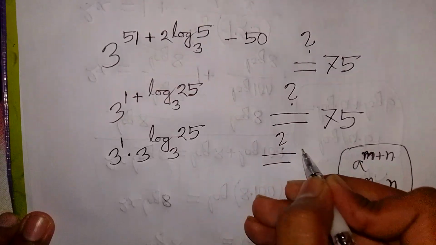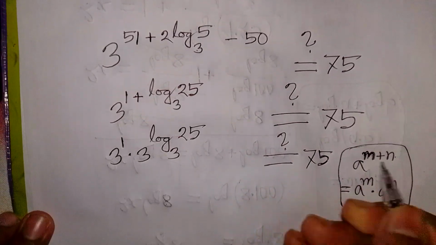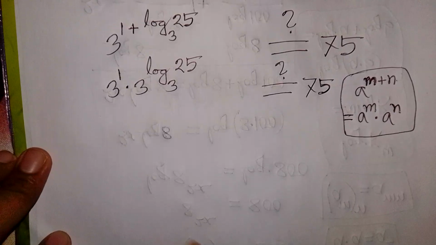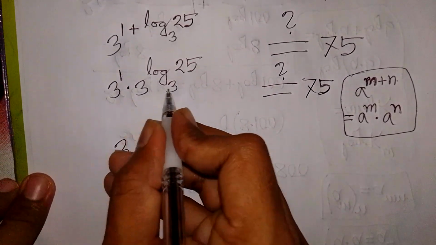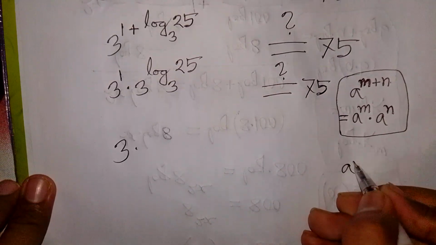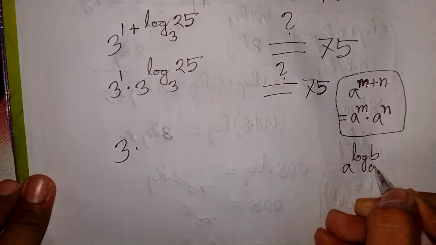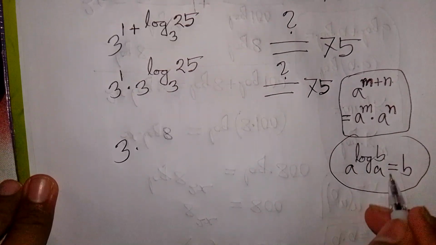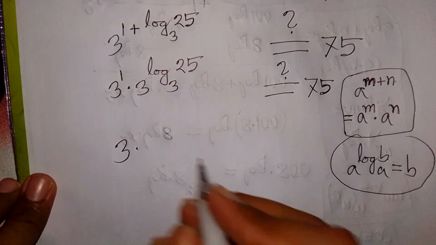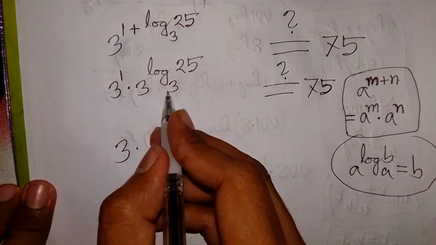Is it equal to 75? Now we have 3 power 1 is the same as 3. Here we apply this formula: a to the power log b base a is equal to b. So 3 to the power log 25 base 3 is the same as 25.